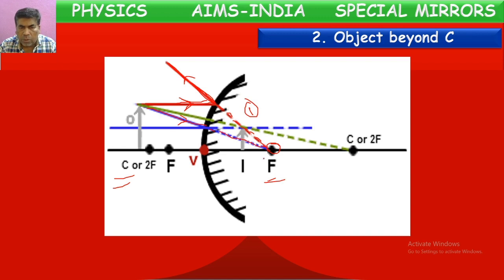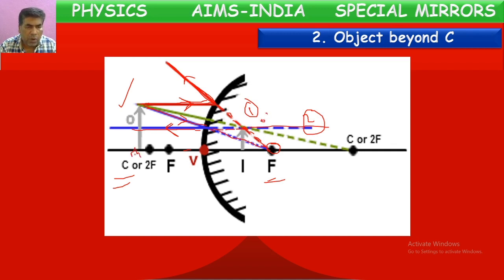After reflection, it travels parallel to the principal axis. If we extend it back, this is the second reflected ray. As we are drawing both rays from the point O, the meeting point will be considered as O dash.